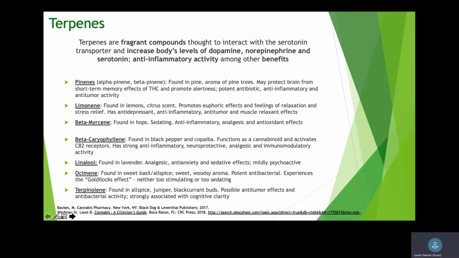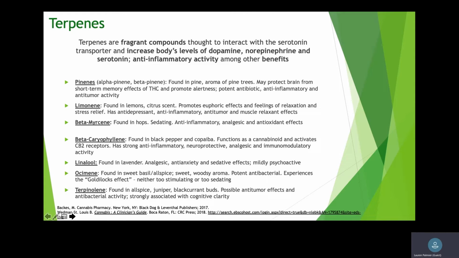This is a really important concept regarding the actions of cannabis. It's thought that all parts of cannabis, including cannabinoids like CBN, CBG, THC, terpenes like the ones on the screen, and other parts of the plant all work together to produce their medicinal effects, compared to the effects you see with just one component.